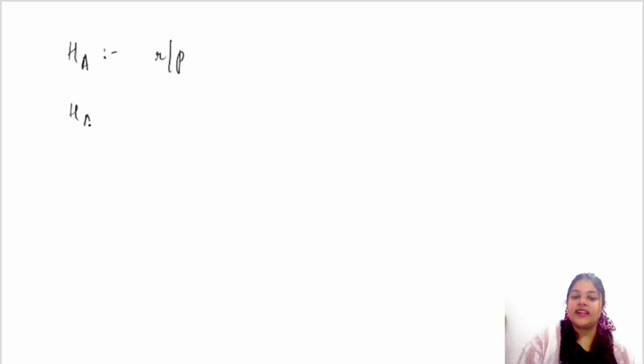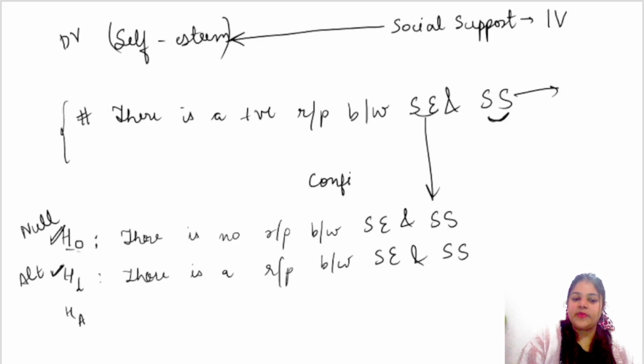But there are other kinds of alternate hypotheses which tell us that there would be a positive relationship between the variables, or there would be a negative relationship between the variables. So I can write these statements accordingly. So there is a relationship between self-esteem and social support.